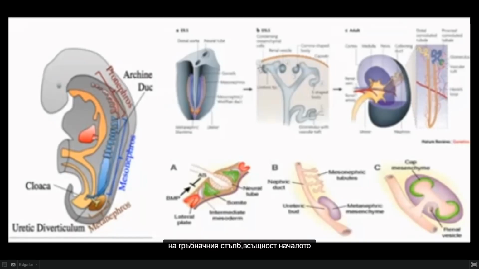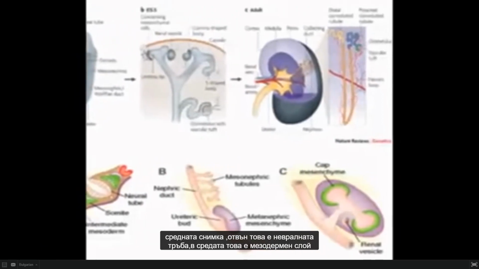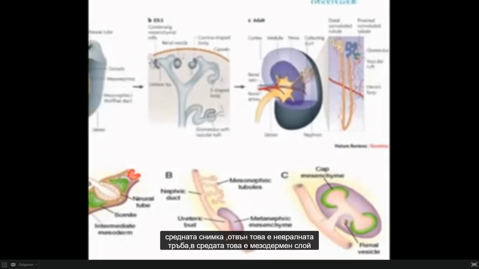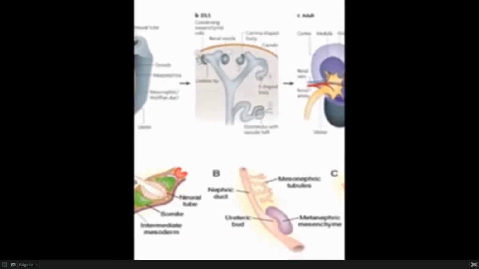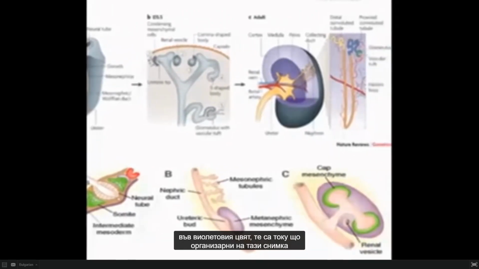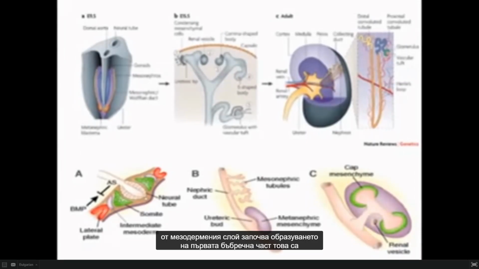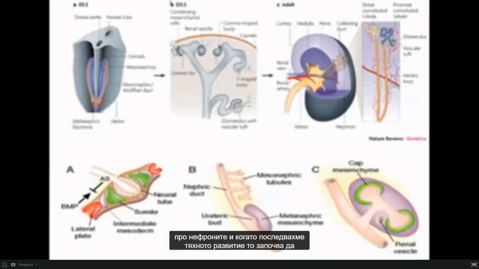The beginning of the kidney formation starts from mesoderm and is visible in the middle picture. Outside, this is the neural tube. In the middle, these are the mesoderm layers, in violet color. From that mesoderm layer starts the formation of the first kidney part, the pronephrons.